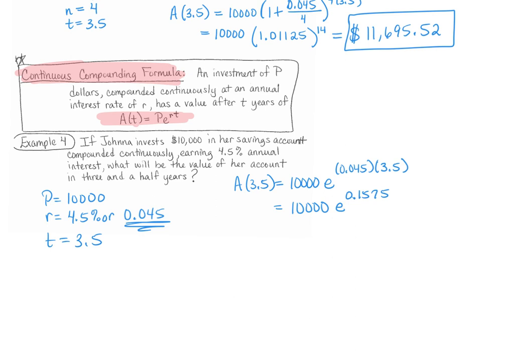For the calculator that was being used, he first had to enter 0.1575, then use the second button with E raised to the X, get a value, and then multiply by 10,000. Okay? Now, what did you all get?